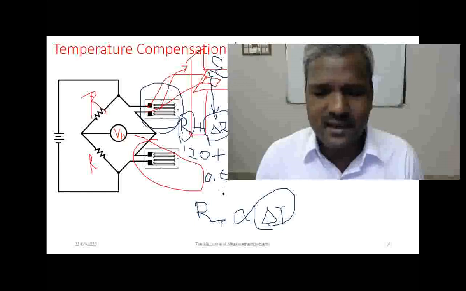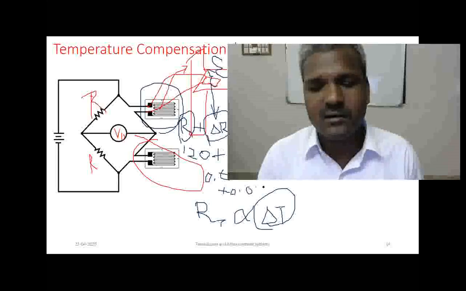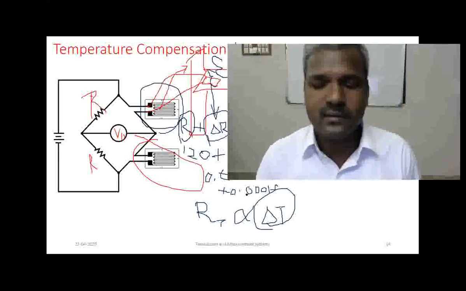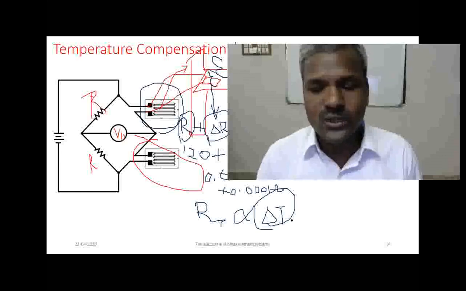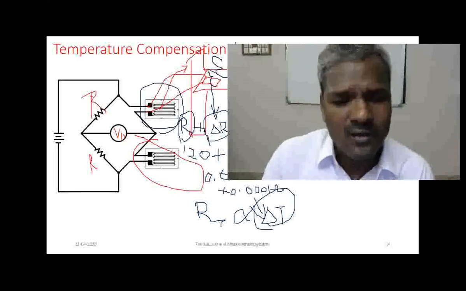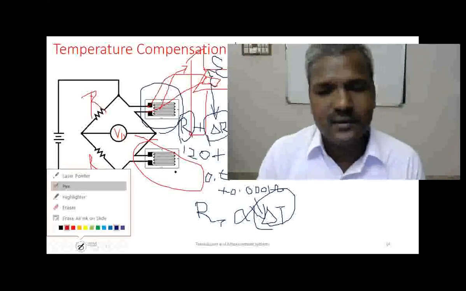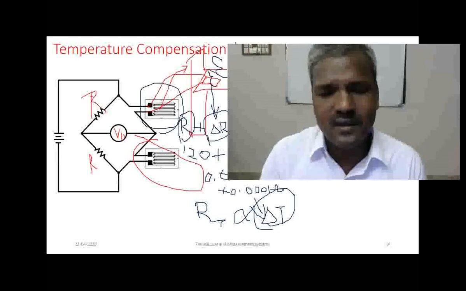Because of the temperature, this resistance also increases by, assume, 0.001 ohm due to the environmental temperature. So along with del R there is del RT.